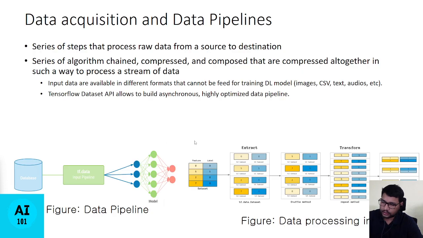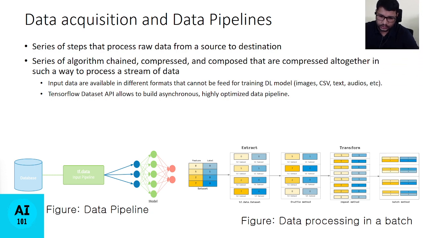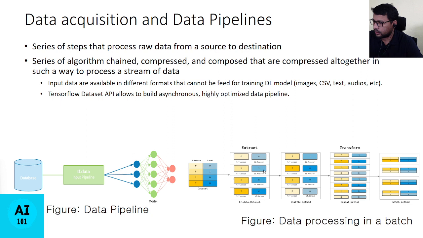Now the data acquisition here. In this data acquisition step, particularly we extract the data and its label, the features and the label, and then we generally transfer it into a tensor to use the data on the GPU, to process the data by the GPU.